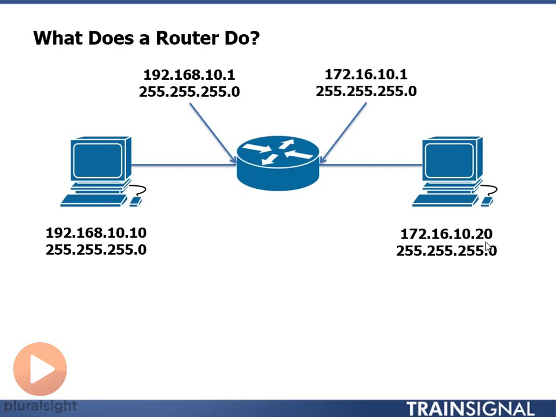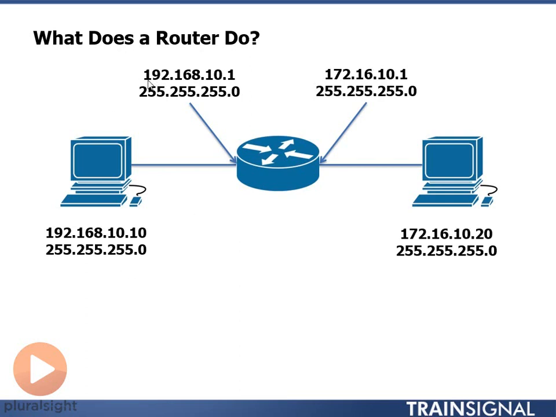This is perfect because the network portions match and the host portion does not match. Every single IP address in an IP network must be unique. So on my right, I have two IP addresses on the same network. Same thing on the left.